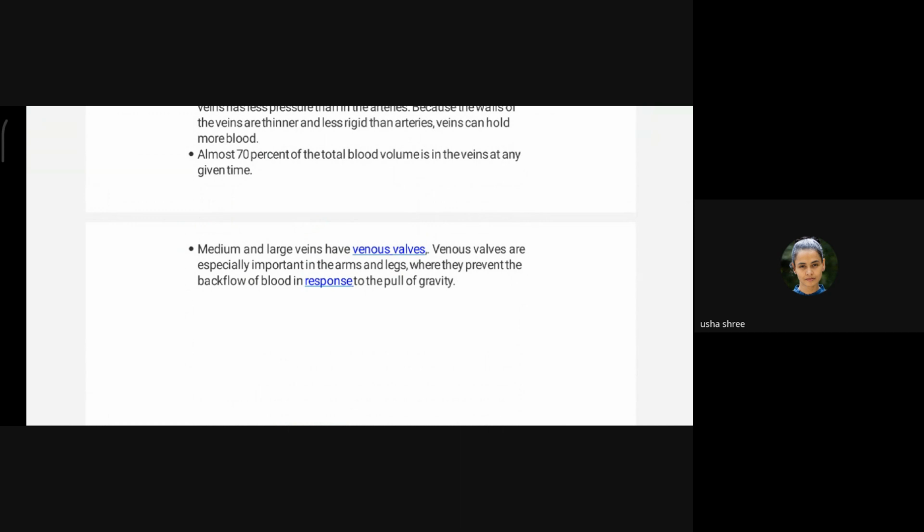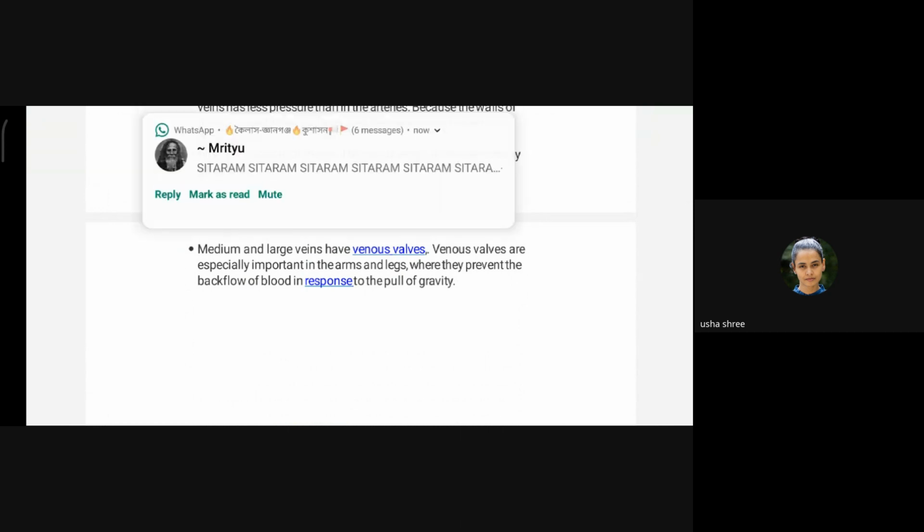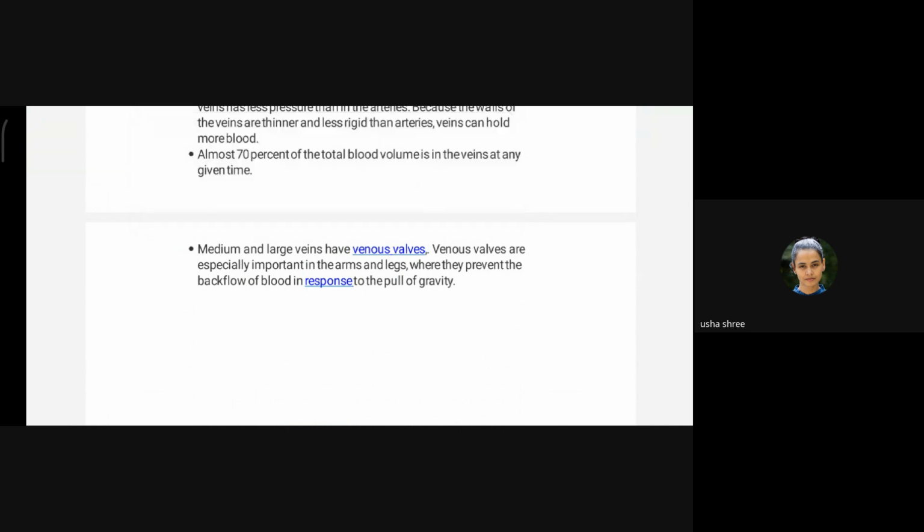You can understand the concept: when we are standing, blood is returning to the heart from the legs and hands, from the very low point of our feet.